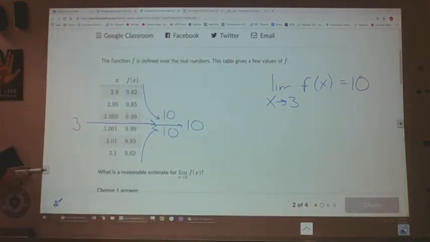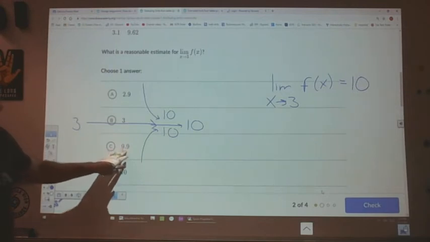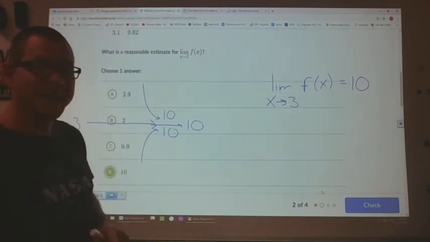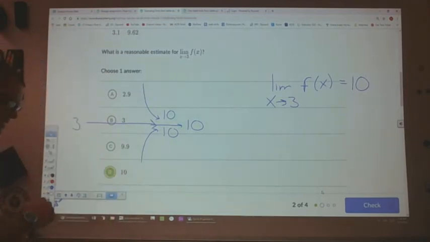So let's see if we can match that. In our answer choices, 10. 9.9 might be enticing as well, but we got 9.99 already. So the next logical step would be 10.